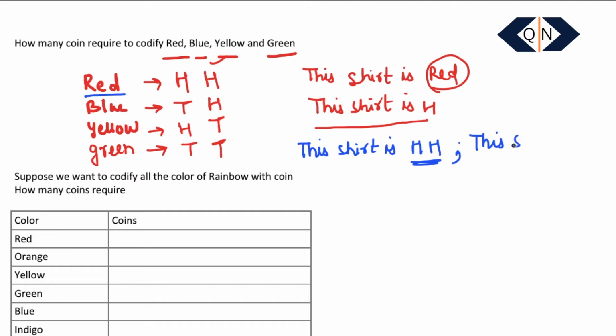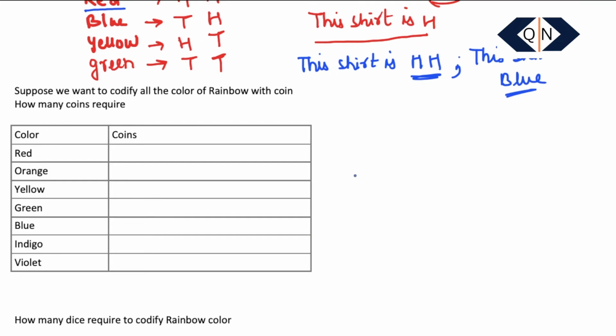This shirt is... Can you comment your answer? And I will give a heart sign if you have given the correct answer. The same you can do for yellow and green also.